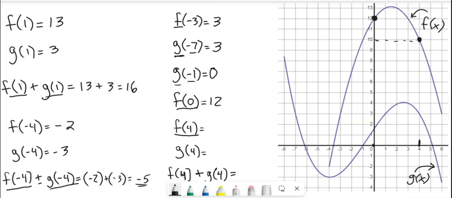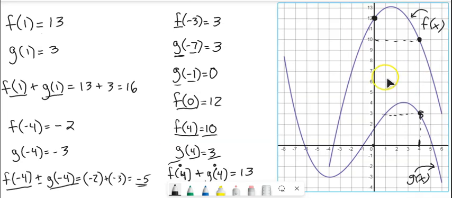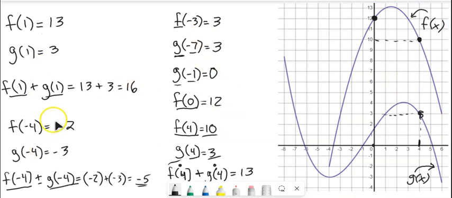For g of 4, we go to 4 and up to the g curve right here, go over, and that's 3. And now the last one, we want f of 4 plus g of 4. Well, that's 10 plus 3, and so that's 13. This is just an example of how you're able to read a graph and answer function values.